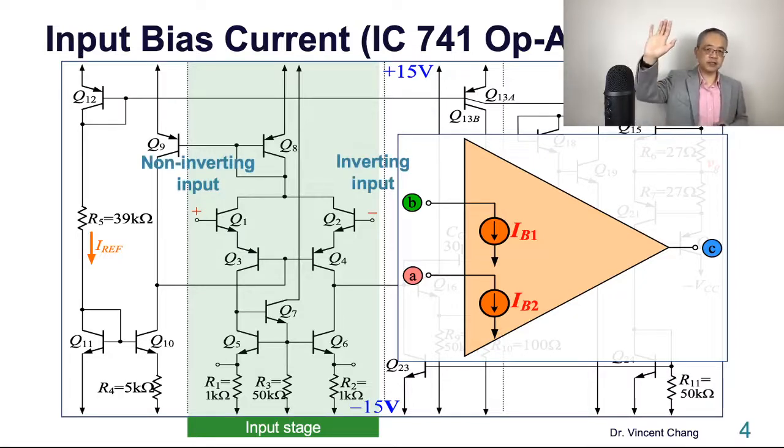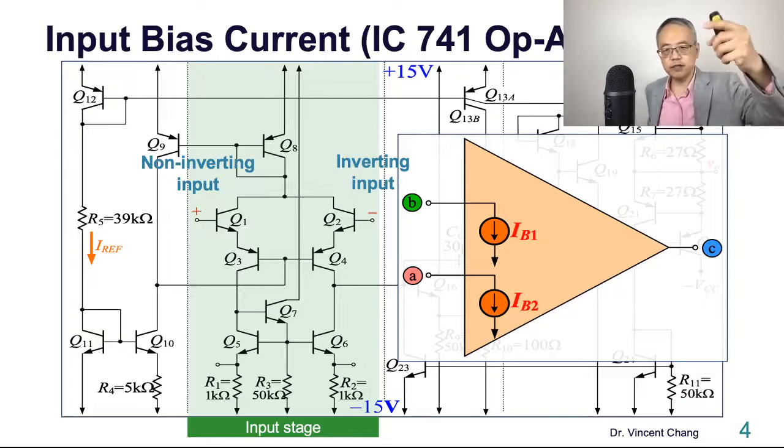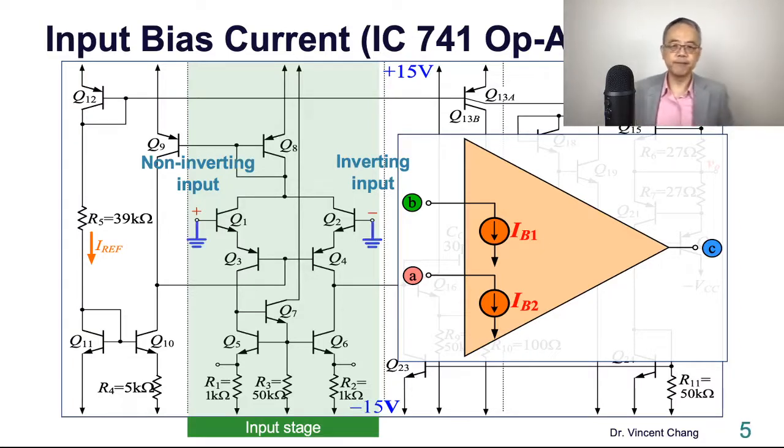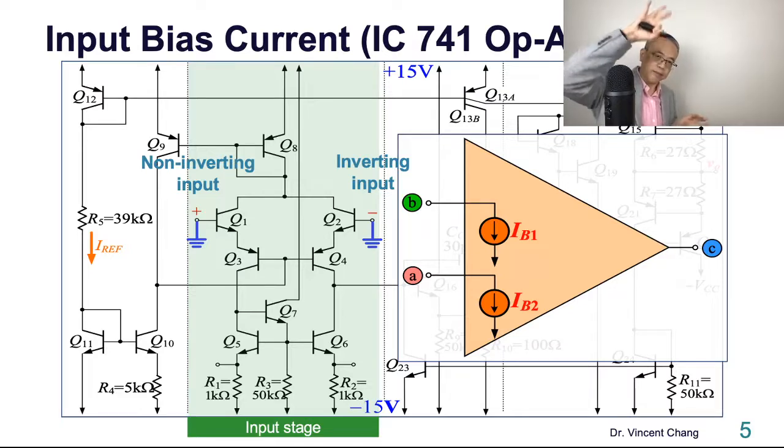The left-hand side is the non-inverting terminal A. The right-hand side is the inverting terminal B. If you connect the two input terminals to DC ground, the common terminal for the two power supplies, the positive 15 volt and negative 15 volt, there's a ground point. That ground is the blue ground.